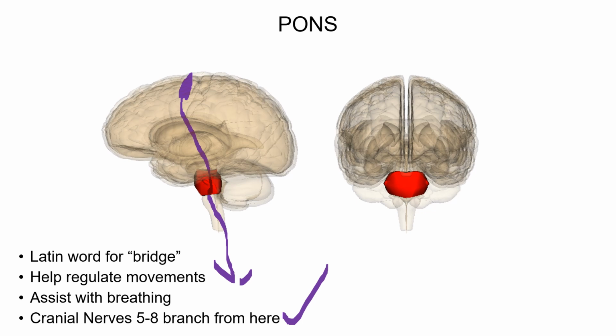And 4 out of those 12 pairs come right here from the PONS. And they help with all sorts of cool things, such as eye movement and taste and hearing and balance and smiling and all sorts of neat things that we're going to talk about. So things that we take for granted a lot of times every day, the PONS, in a way, controls that.